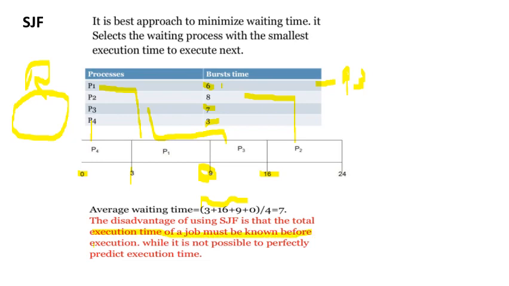We can also say the execution time should be fixed; you cannot change it. For example, if P4 has already been executed and its burst time is increased to 5 or 6, then in such cases the SJF algorithm will not work.